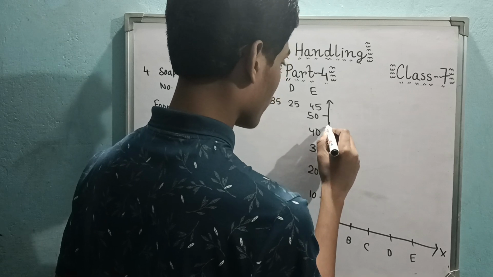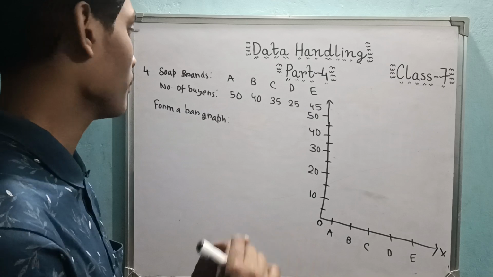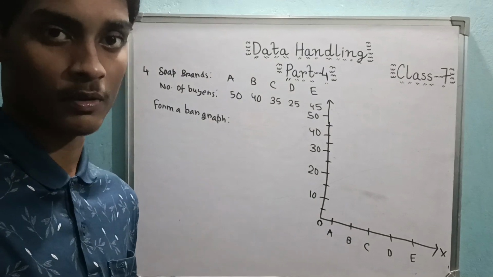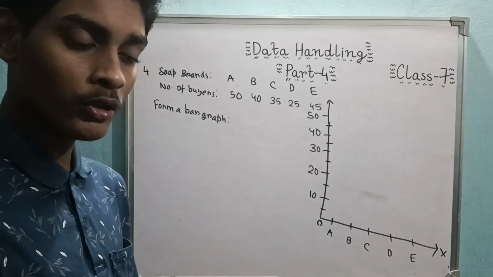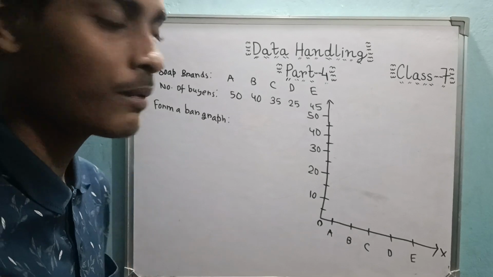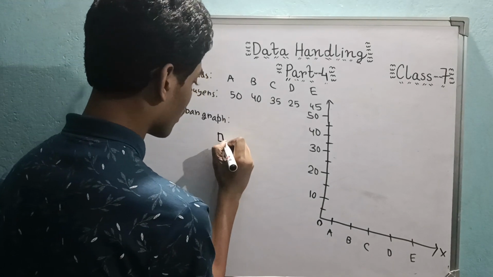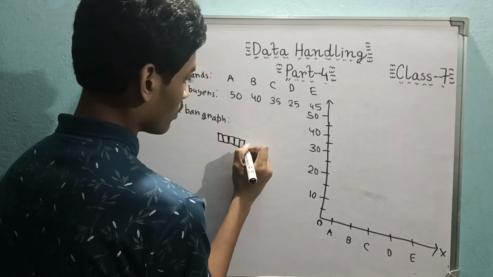25, 35, 45. These bar graphs are drawn on graph papers. So I am drawing it on the board here, but when you have the graph paper, you can strategically find the middle values as well. It will be like grids. Like this.